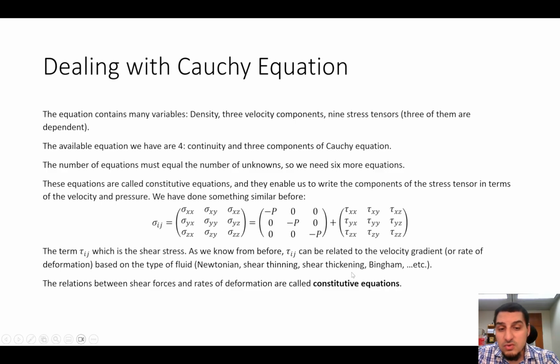And now these equations that we need to know are called constitutive equations, which is the relation between shear force and rate of deformation, which is tau, the constitutive equation. This is how we call them. And to make things simple for us, we are going to deal with the simplest form of shear stresses, which is the shear stress of Newtonian fluids.